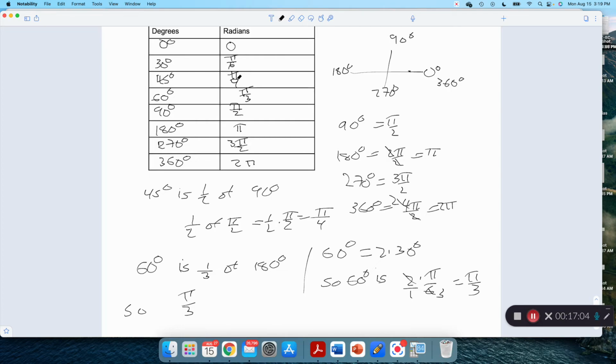Notice 30 and 60, there's 6's and 3's. We got all kinds of 6's and 3's floating around. They don't match up. The 30 does not go with the pi over 3. It goes with the pi over 6. 60 goes with pi over 3. Memorize it like that. That the 3's do not go together. The 6's do not go together.